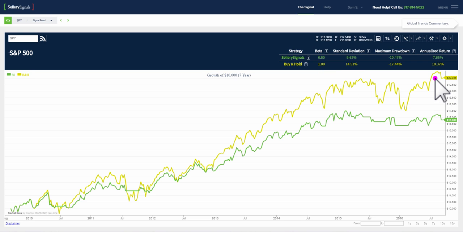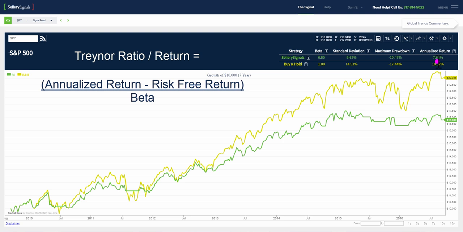So what is the Treynor return or Treynor ratio? It's the annualized return minus a risk-free rate of return. Right now we're just going to use the risk-free rate as 0. And then you take it divided by the beta. So when you take 7.65 divided by 0.5, you get a return of 15.32.